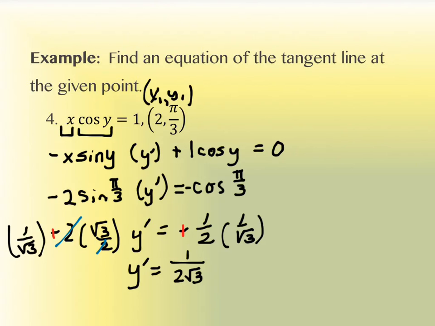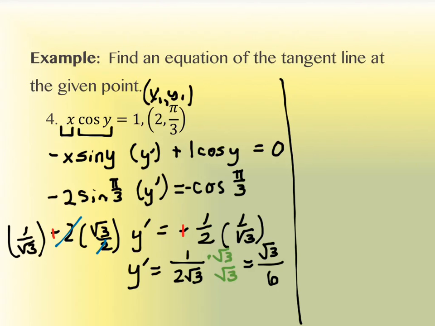Do you remember how to rationalize that? Yep. So square root of 3 on top. What do we have on bottom? 6. So my slope is square root 3 over 6. You may not like this slope. That's okay. That is the slope. We're not going to abbreviate it or approximate it in any way. This would be correct.